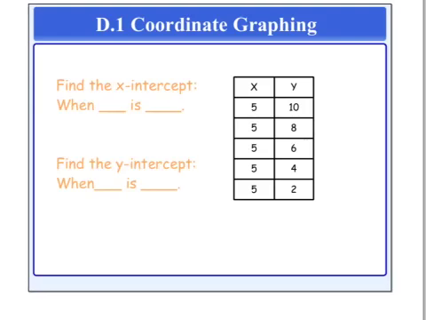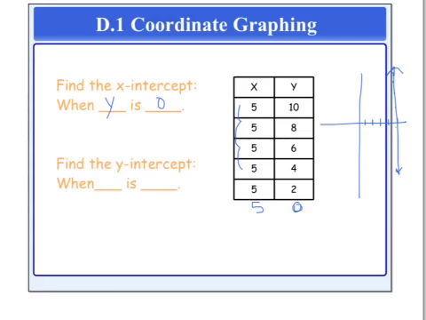Here we go. The x-intercept is when y is 0. We're going down by 2. And what do you notice happens every time with our x's? Our x is going to be 5. If you were to plot this, it's going to be 1, 2, 3, 4, 5. It's going to be a vertical line.